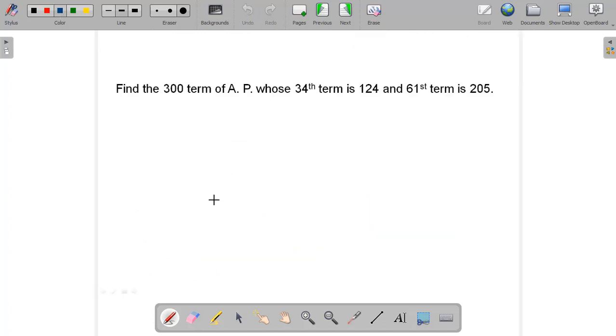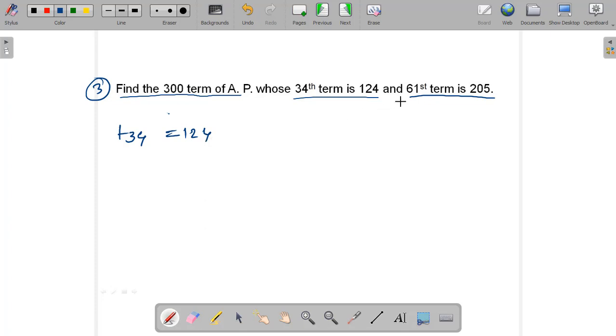Now we explain another problem of the AP. This is our third problem actually. Find the 300th term of the AP where the 34th term is given and the 61st term is given. So the 34th term is given, that means T34 is equal to 124, right?